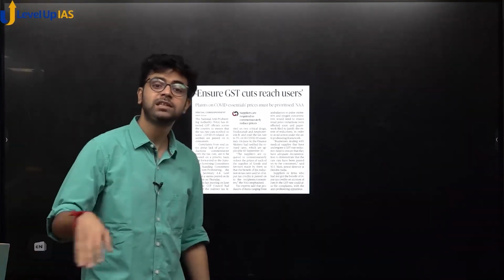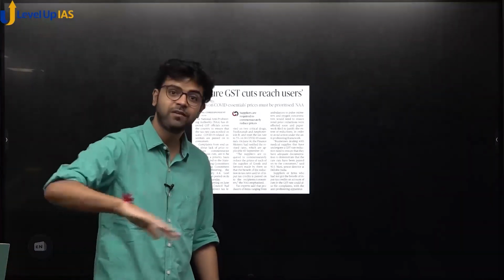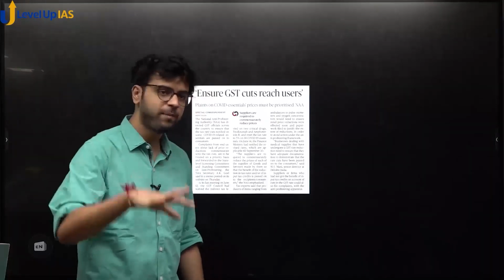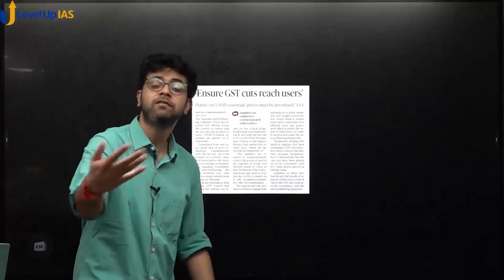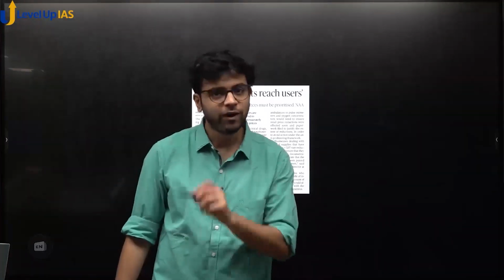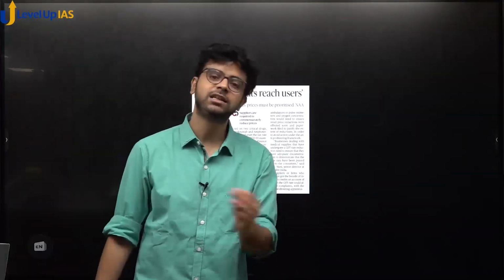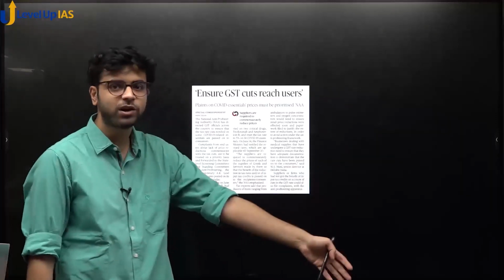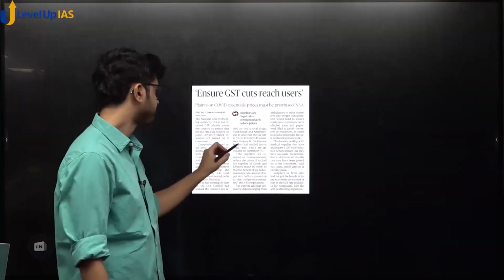Which means on some medicines the tax rate was brought to 0%, waived, and for some essentials it was brought to 5%. But if the price is not reducing for the ultimate consumer, what is the use? Which means the one who is selling those goods is pocketing the extra GST. Yes or no? He is charging GST from the consumer but pocketing it.